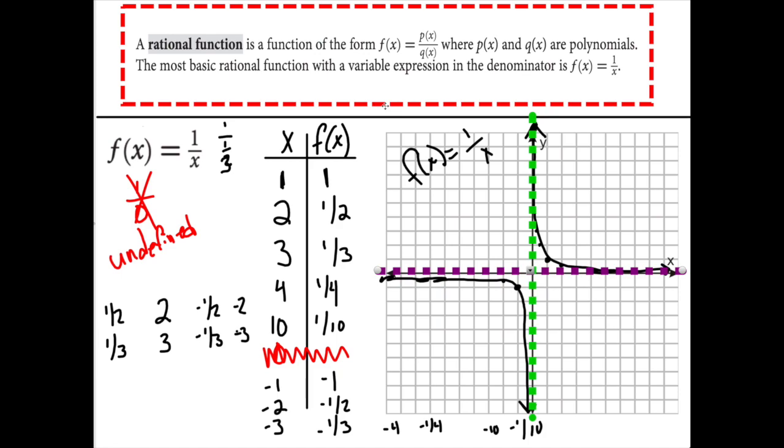And what it represents is the fact that we can get really, really close to 0 for our x values, and we'll still have an output. But once you plug in 0, it's suddenly undefined, and you no longer get that output. Okay?